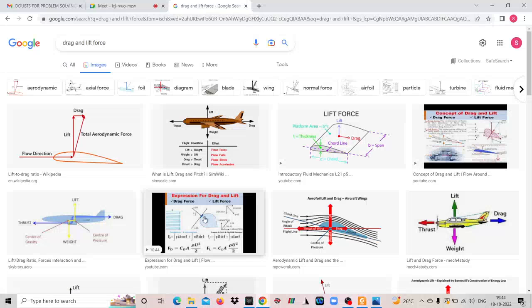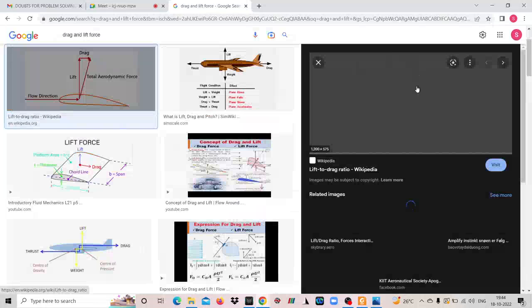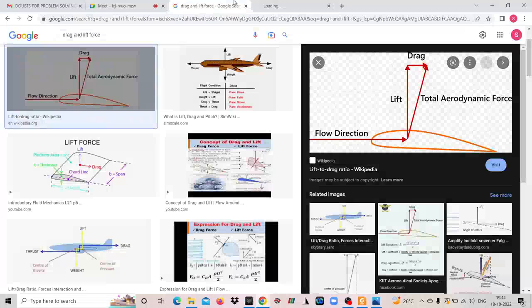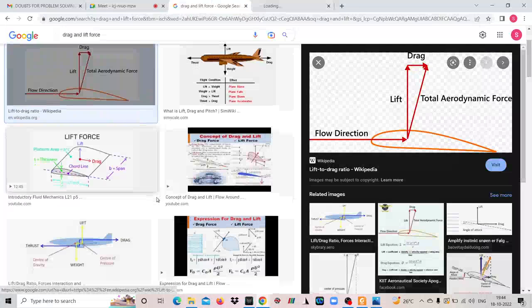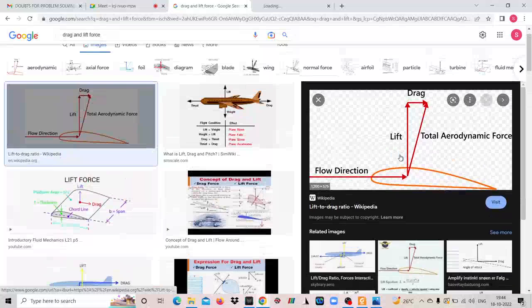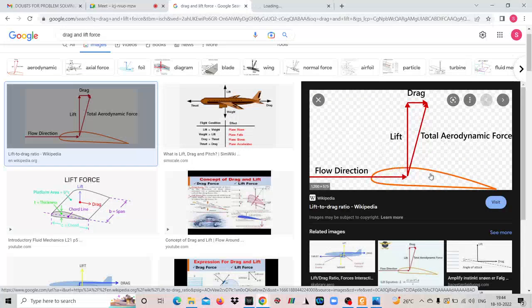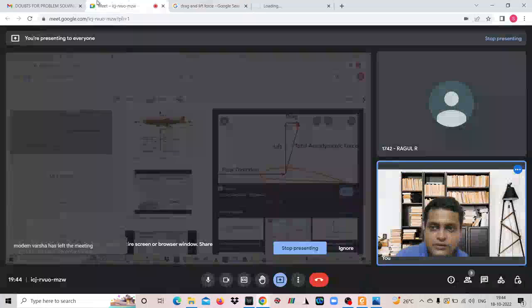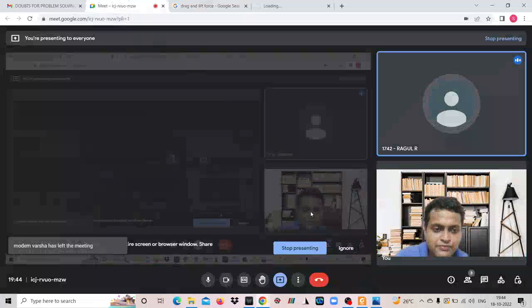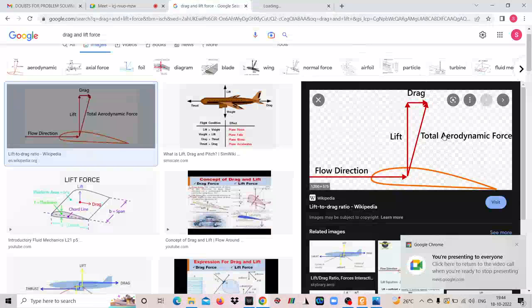Let me say, this is a simple diagram. Anyways, this diagram is visible, right, Ragul? Yes, sir, this diagram is visible.